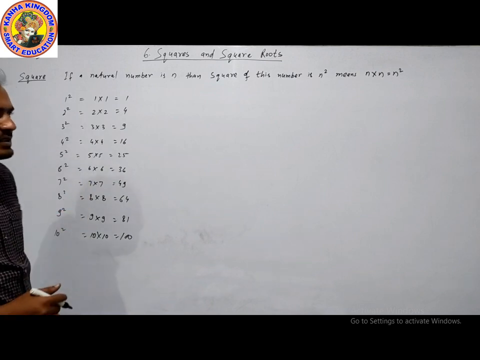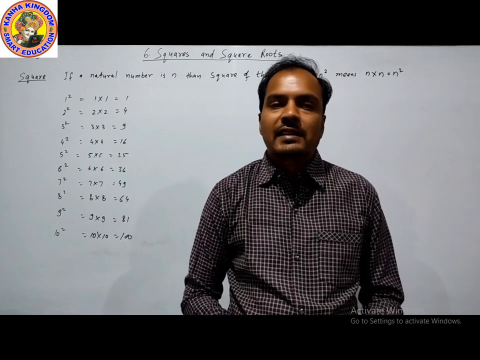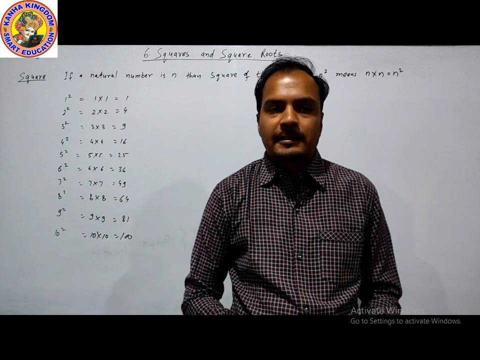These are the basic square numbers. You can take a screenshot of this. We will take the square numbers from 1 to 30.